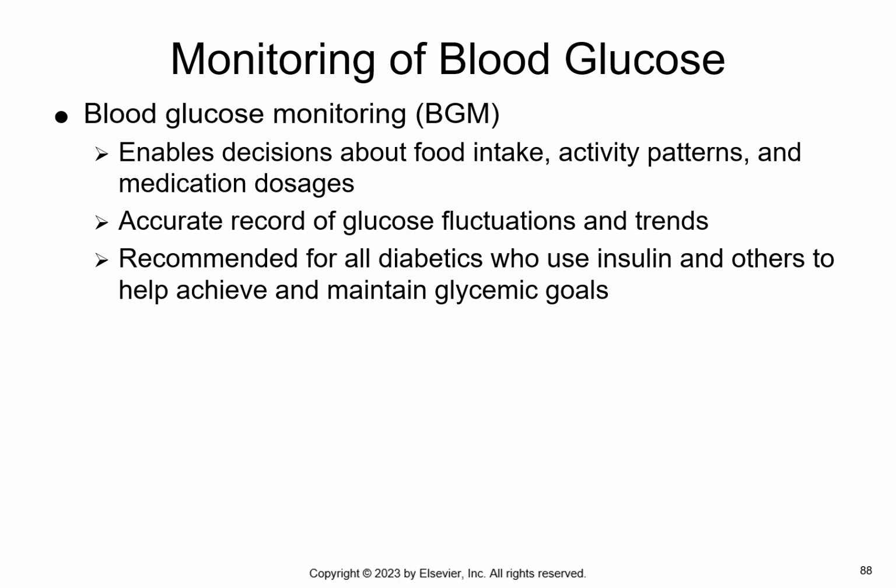It produces accurate records of daily glucose fluctuation trends and alerts the patient to acute episodes of hyperglycemia and hypoglycemia. We call it BGM. It provides patients with a tool for achieving and maintaining specific glycemic goals.